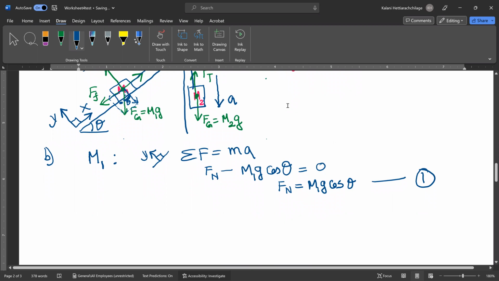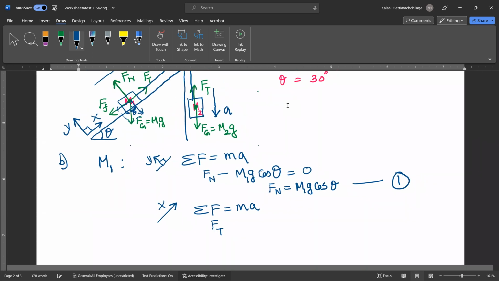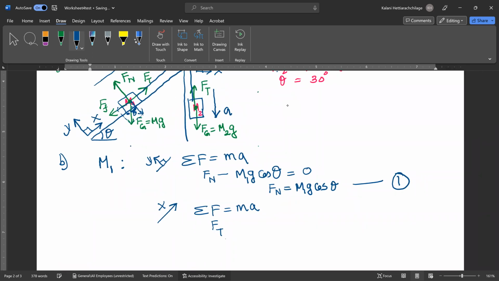So now we're going to do M1 in the x direction. Net force equals mass times acceleration. In the x direction, you have the tension force, right? Tension force in the x direction. And then you have the friction force in the negative x direction.